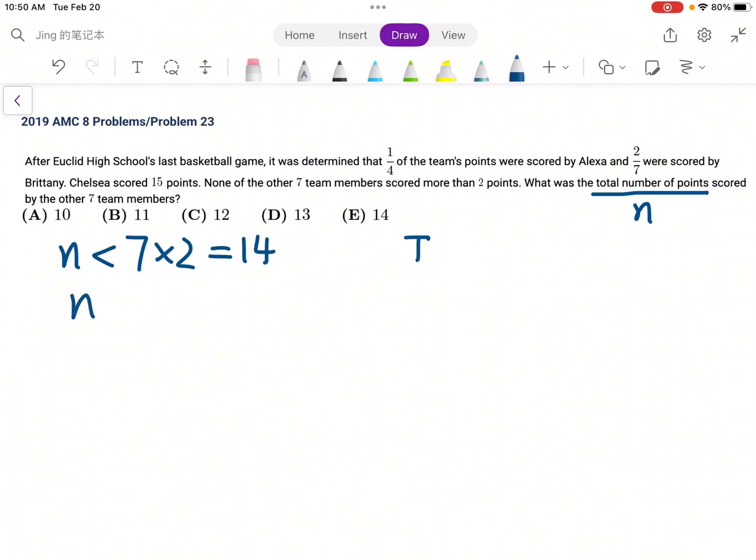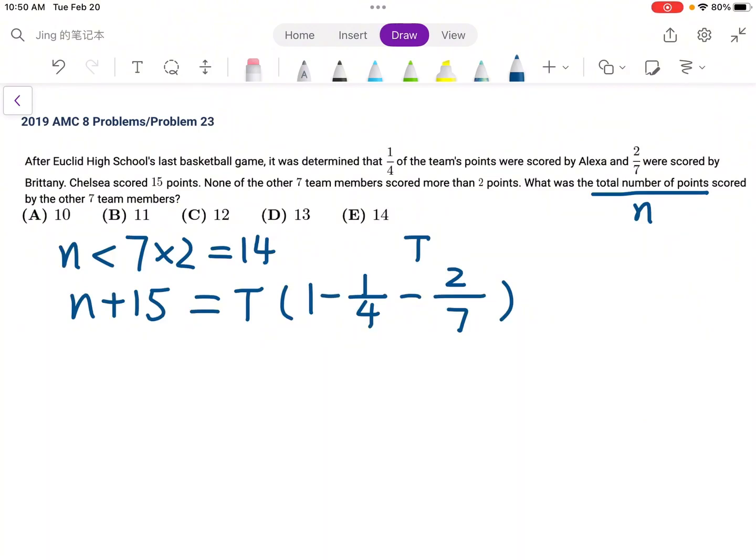Therefore, n plus 15 equals the total score multiply 1 subtract 1 over 4 subtract 2 over 7 scored by Alex and Brittany.